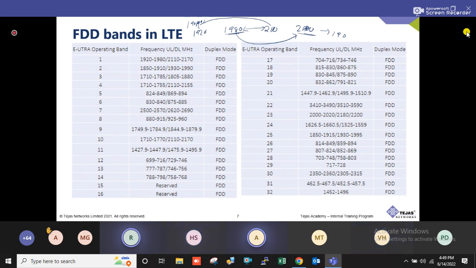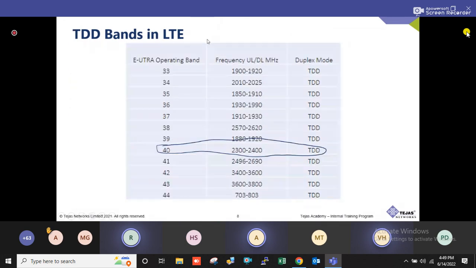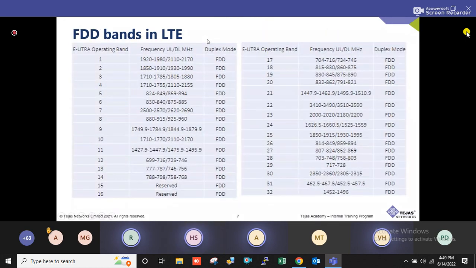Correct. Let me give you one more example so that we can understand things better. Let's say BSNL.